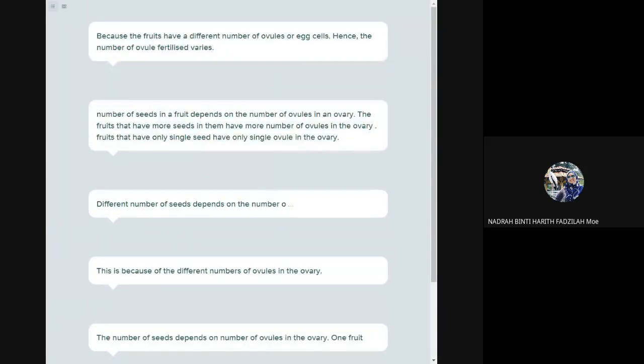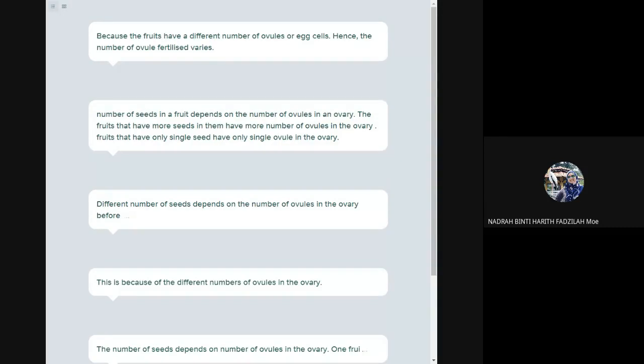Sebab bila kita discuss daripada selepas double fertilization tu, which part will become seed, which part will become cotyledon and so on and so forth kan. So the fertilized ovules, the fertilized eggs inside the ovules will become seeds. So the number of seeds depends on the number of ovules.